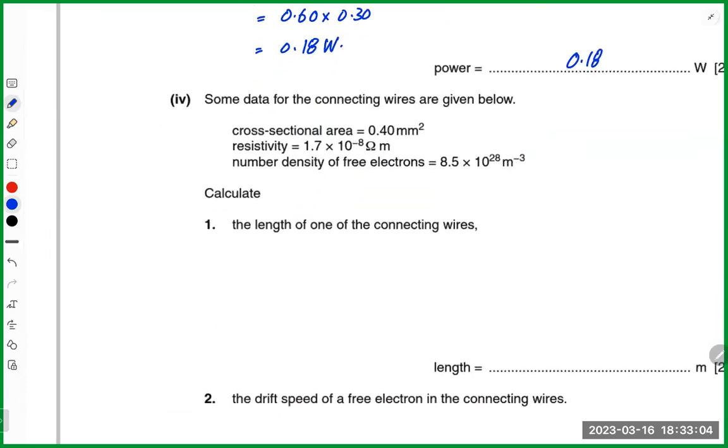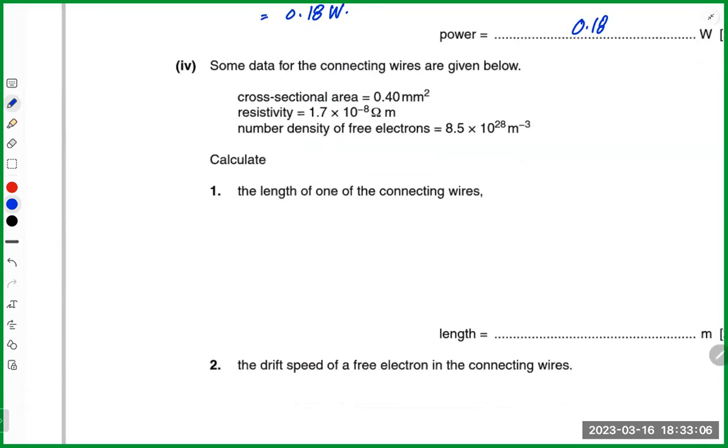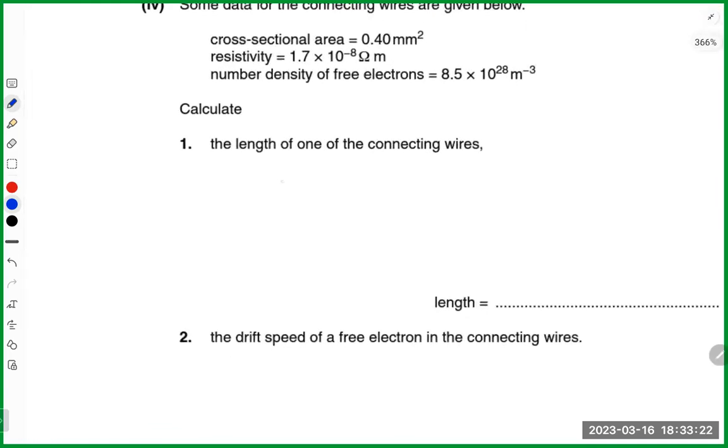Now, some data for the connecting wires is given. Cross-sectional area is given, resistivity is given, number density of free electrons is given, and we need the length of the connecting wire. The formula that connects all these things is resistance equals resistivity times L over area.